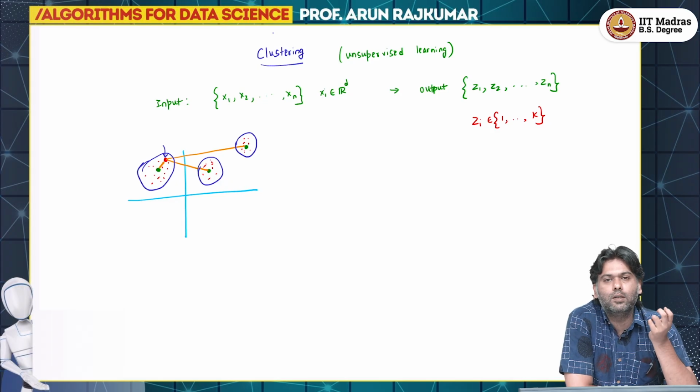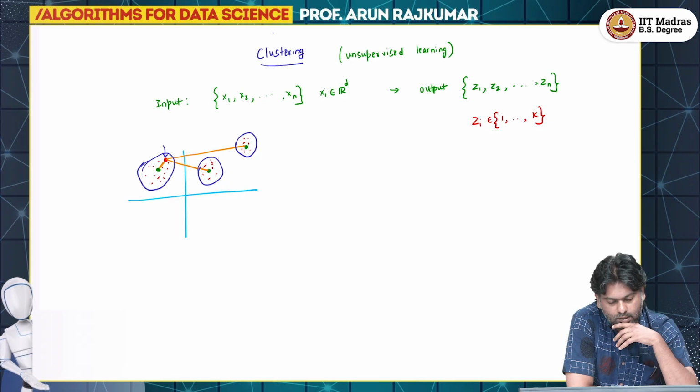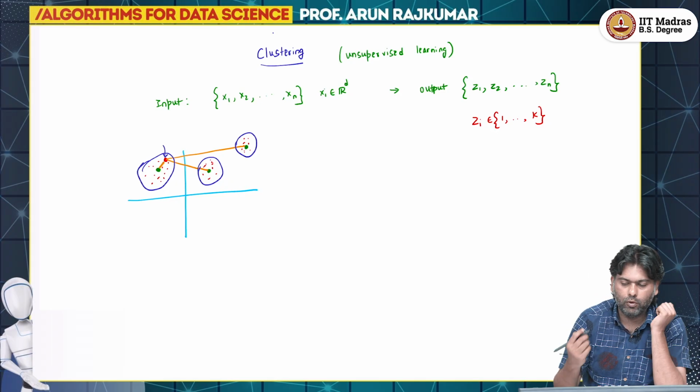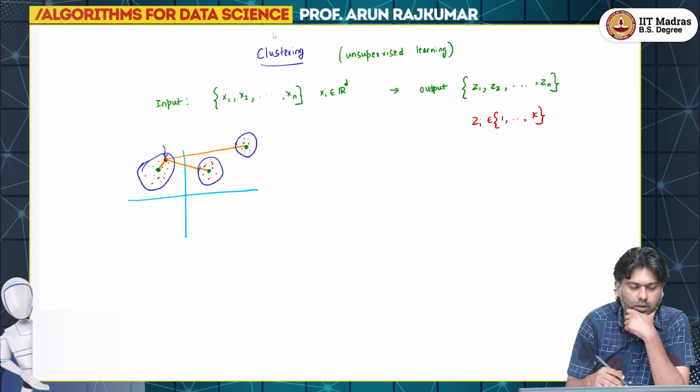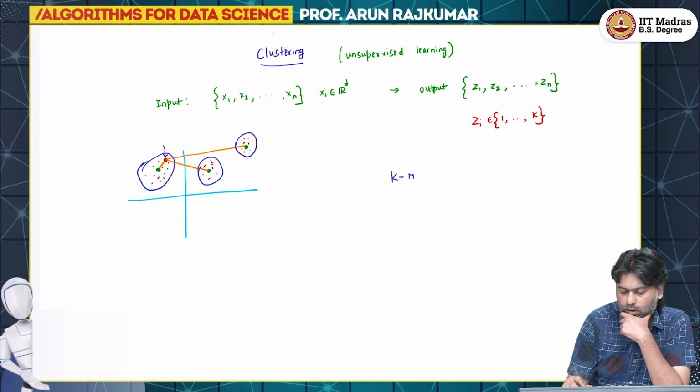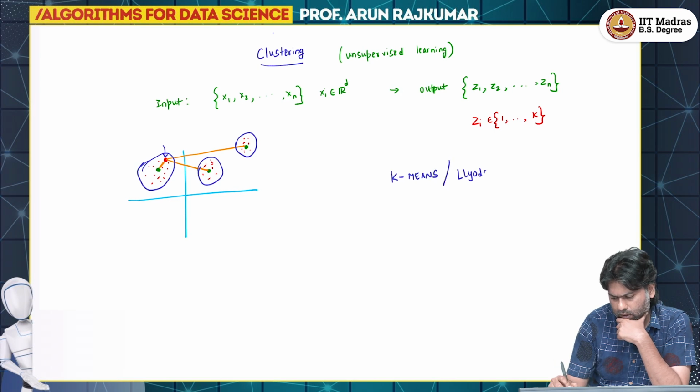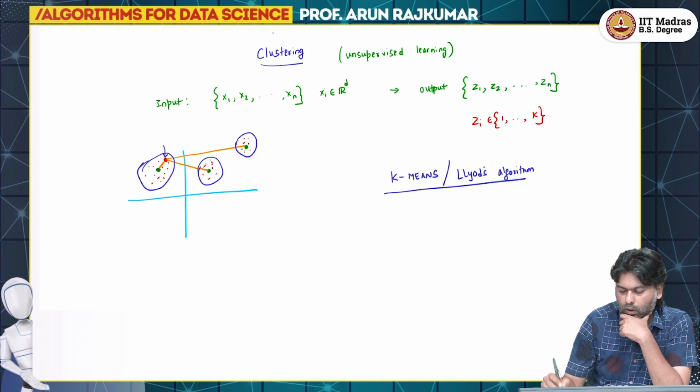But the interesting question is, we are not given the representatives, we are just given the data points. How can we get the representatives from this? Many of you may be aware of a nice algorithm that tries to do this, which is K-means. This is the K-means problem, and the algorithm is Lloyd's algorithm, sometimes also called the K-means algorithm, which does the following.